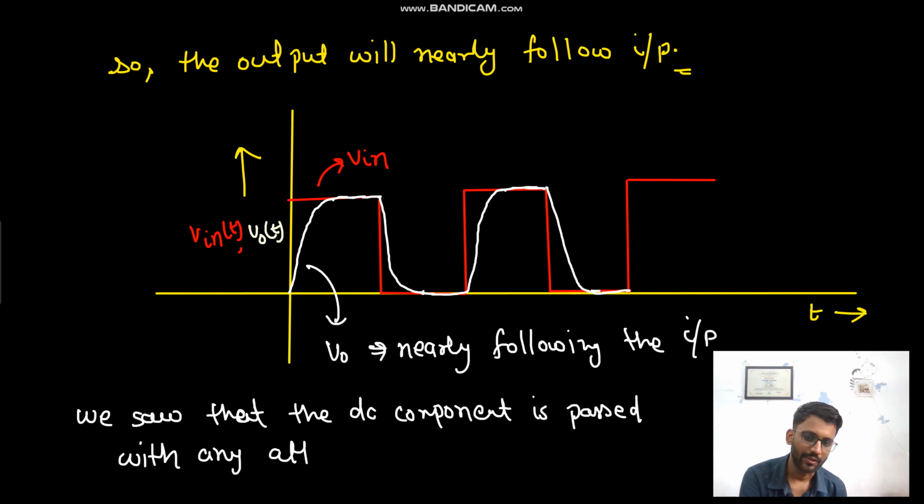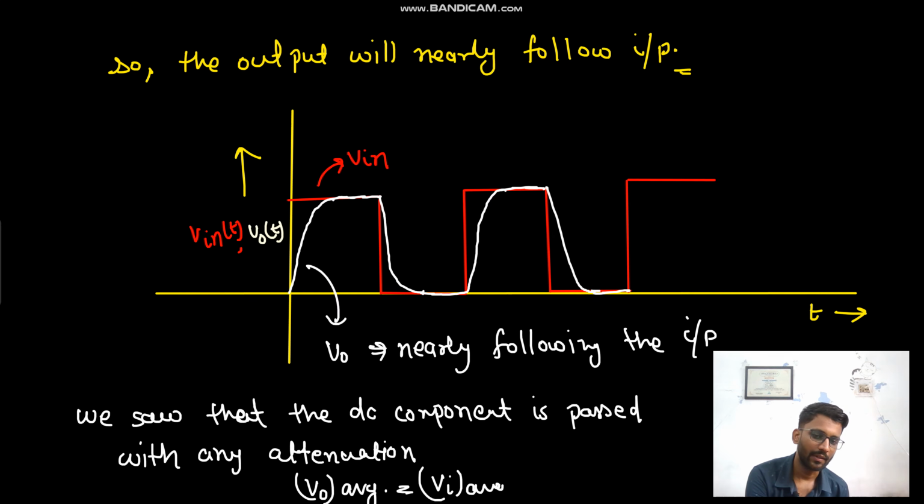So your average value of output will be the average value of input, and that is equal to 5 volt. Like if you don't understand it, 10 for T by 2 time and 0 for the rest of the time, and then time period T. So it would be 5 volt.